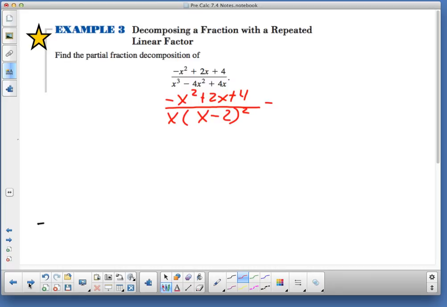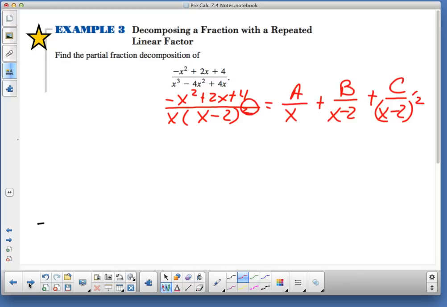And how I'm going to deal with this is I have A over x plus B over x minus 2 plus C over x minus 2 quantity squared. And remember, the repeated factor is gone through until I get to its square. This is squared, so that's squared. If it was cubed, I would do one more term.